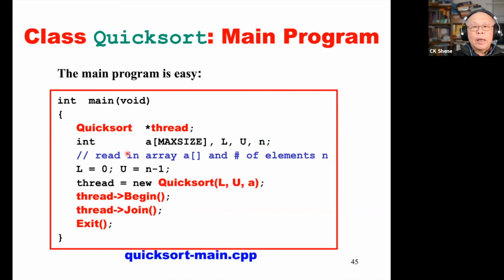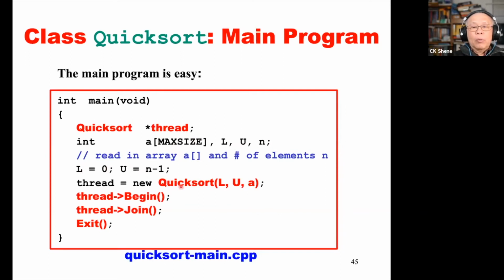So let's say we read the integers into A, assuming that the number of integers read in is no more than maximum size. So the lower bound initially is 0. The upper bound is n-1.